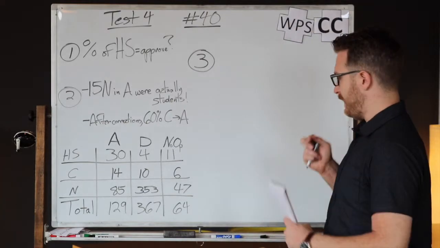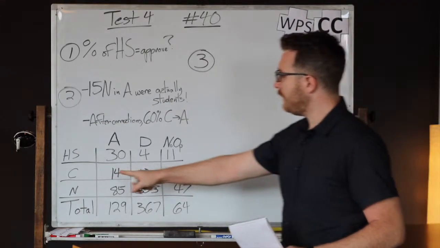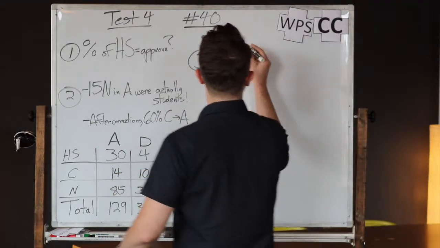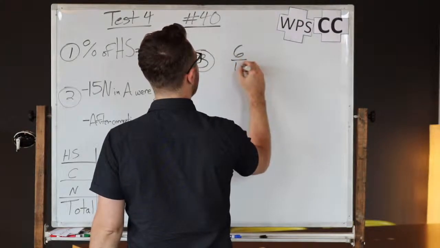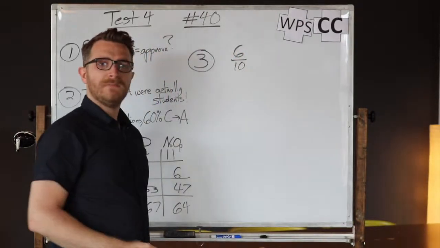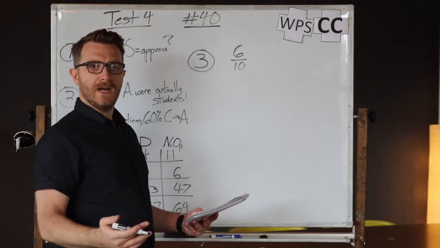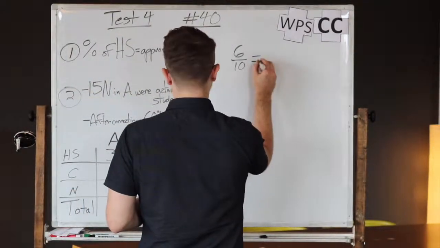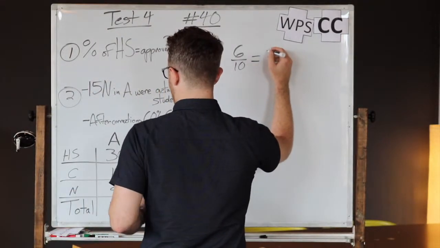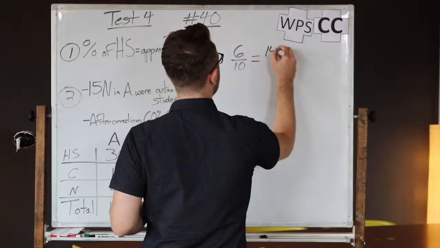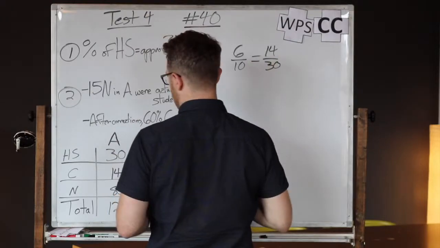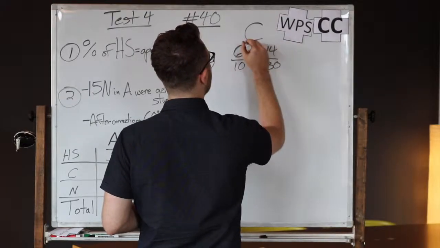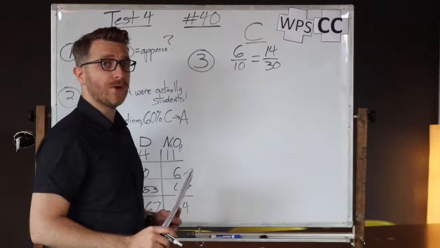So, what we need to think about is, in the college bracket, we're trying to add a number of students to the college section so that it will equal 60%, like 6 over 10, right? Currently, there are 14 students who approve, and there are 30 college students in all. I'll put a big C up here because we're dealing with college students right now in our survey.